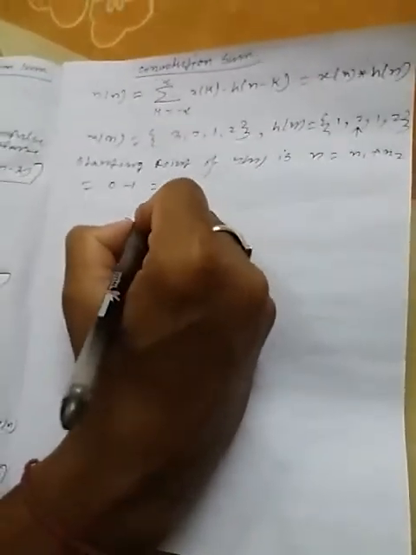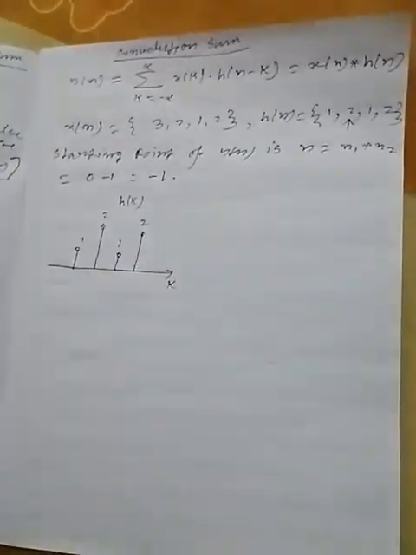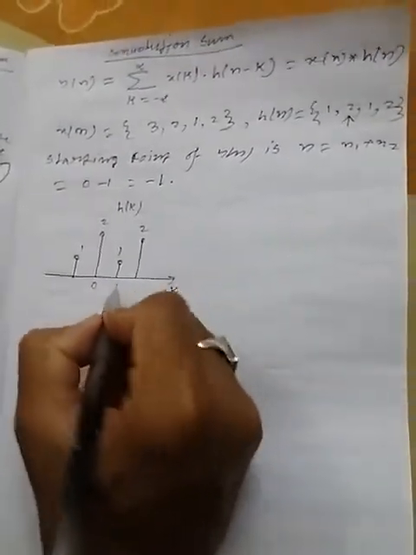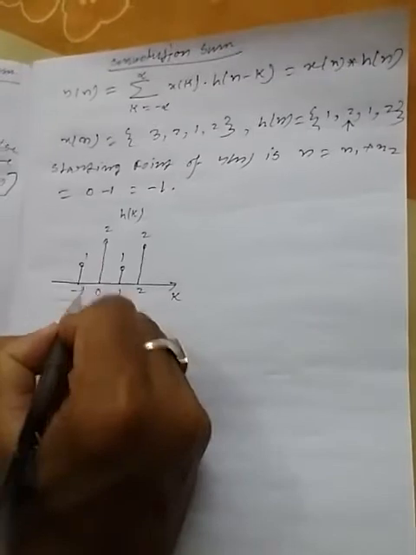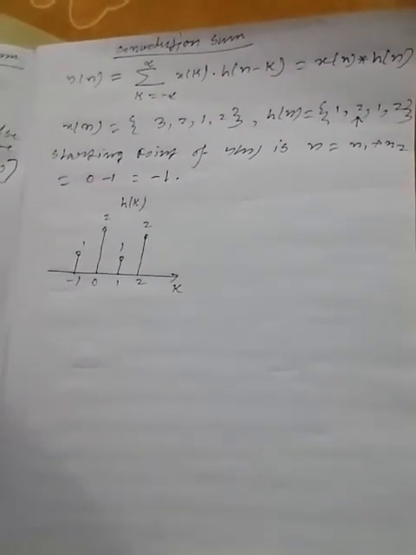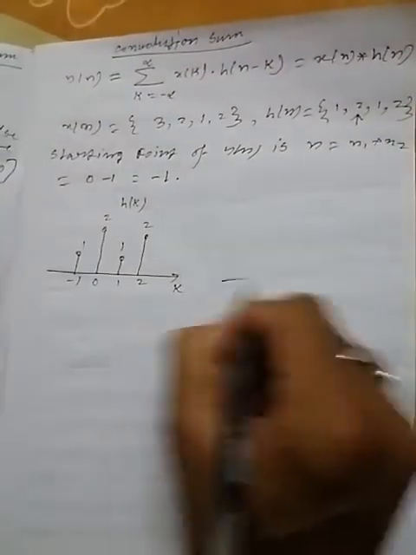This is h of k, and here is k. The 2 is in the 0th position, so here is 0, 1 and 2, and this is minus 1. Now we have to draw h of minus k, the time reversed signal of h[k].